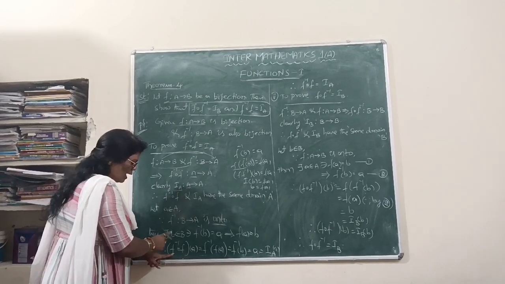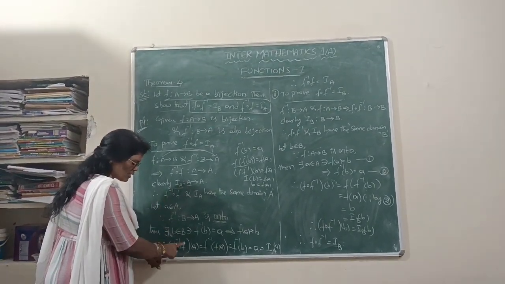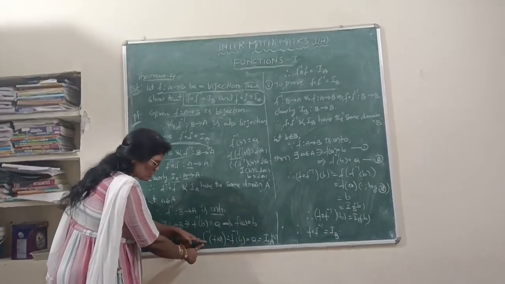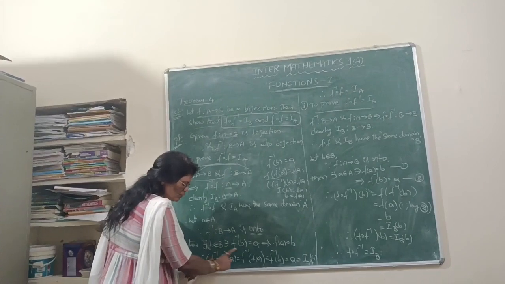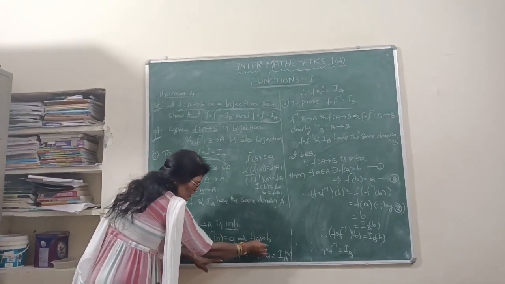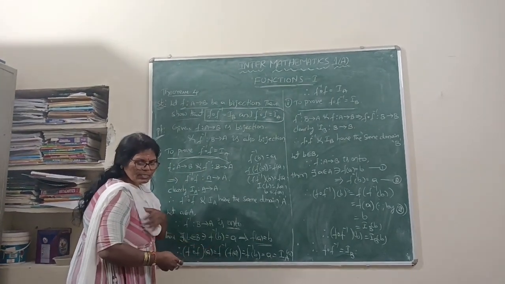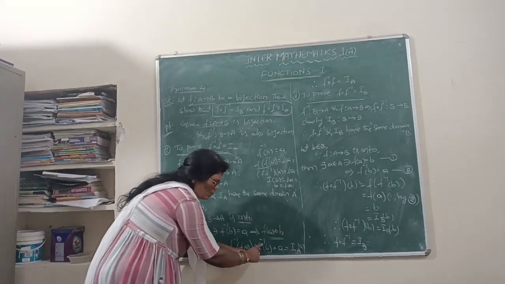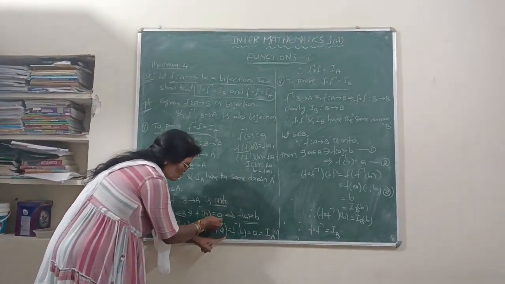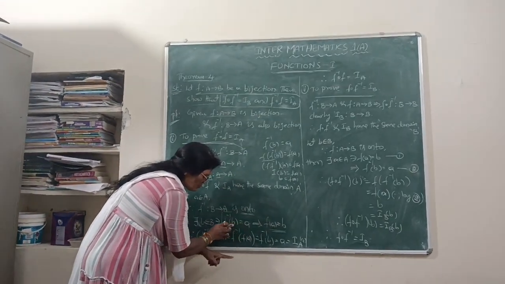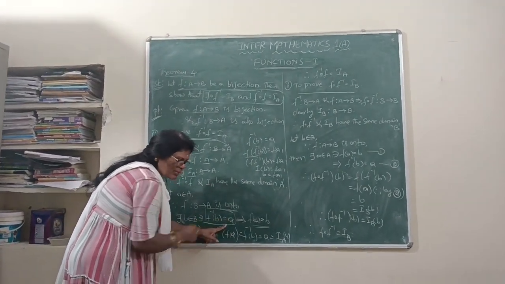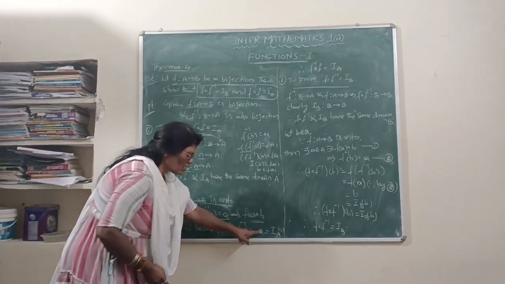Therefore, consider f inverse composite f of a. We can write this composition as f inverse of f of a. But f of a is b from this condition, so write b instead of f of a. And f inverse of b is a, so write a instead of f inverse of b.